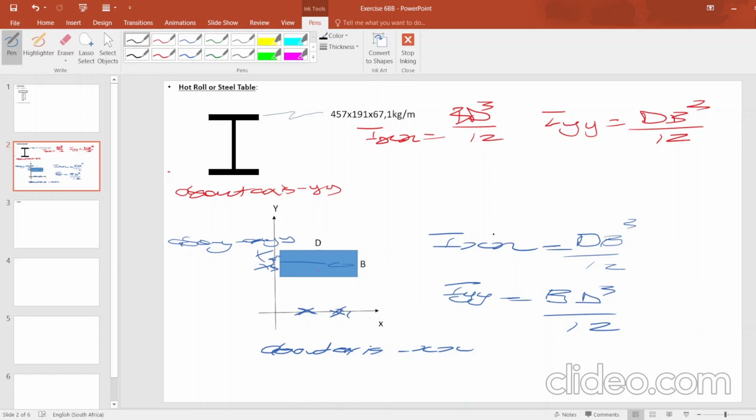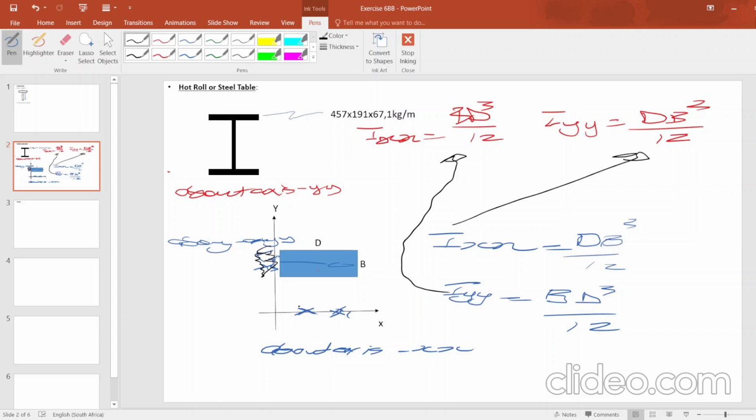This Ixx, is it not the same as the Iyy in the first format? The Iyy, is it not the same as that in the first format of your beam while it was rotated? Can you see that? Now that means in this position, the strongest side of this beam is here on Iyy.